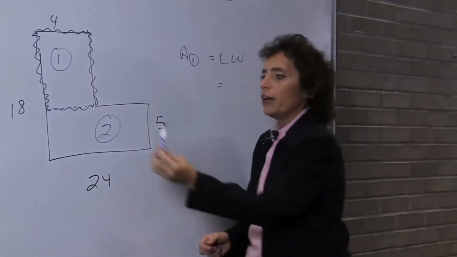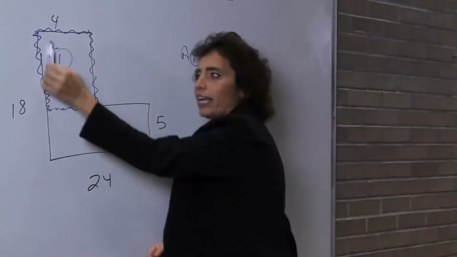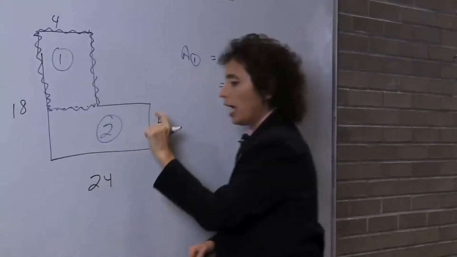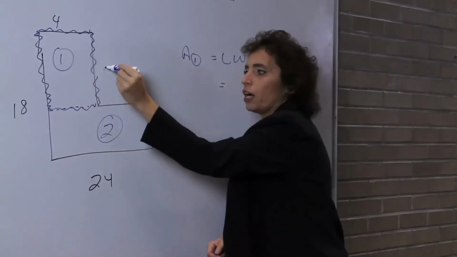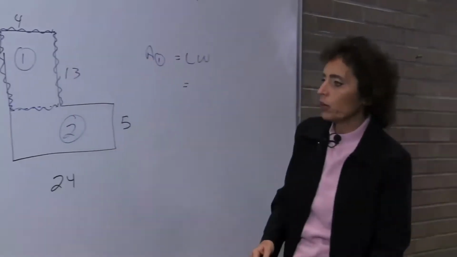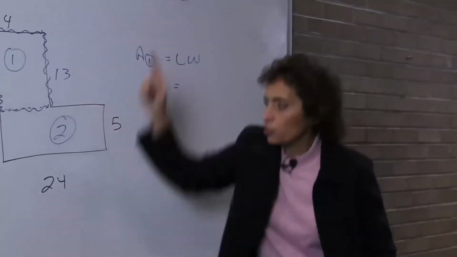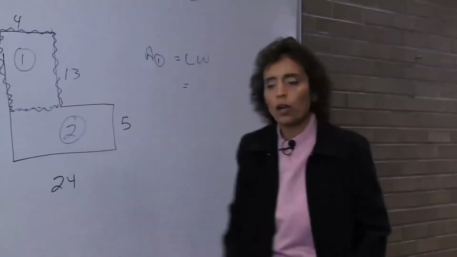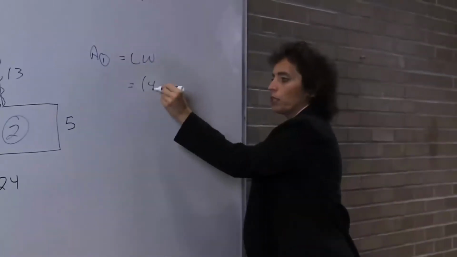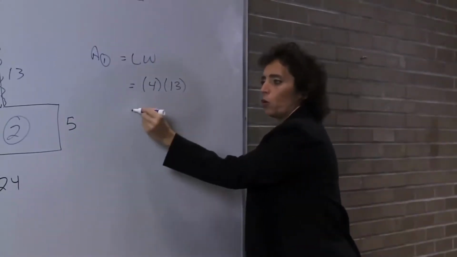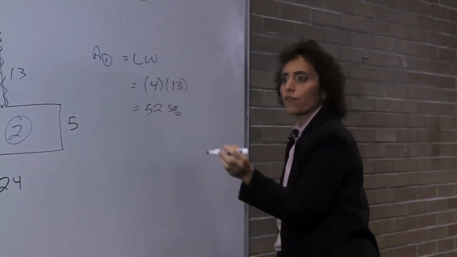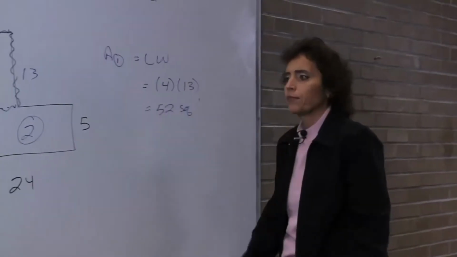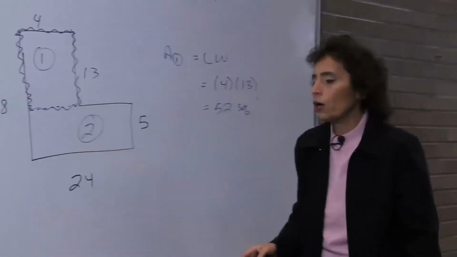Well, if this whole piece from here to here is 18, and this piece is 5, then this piece has to be 18 minus 5, or 13, right? Because 13 plus 5 gives you your entire 18. So I know that, which is 4 times 13, or 52 square, I think it was feet. Okay, here we have, oh, it was meters, sorry.